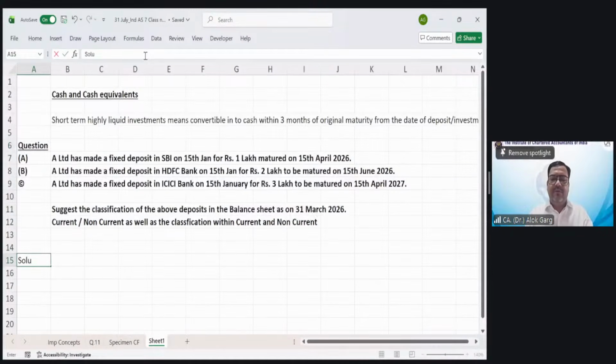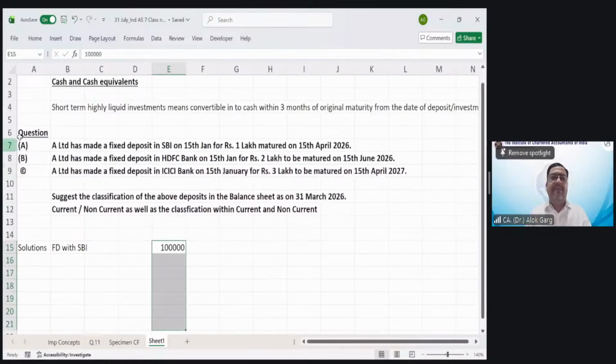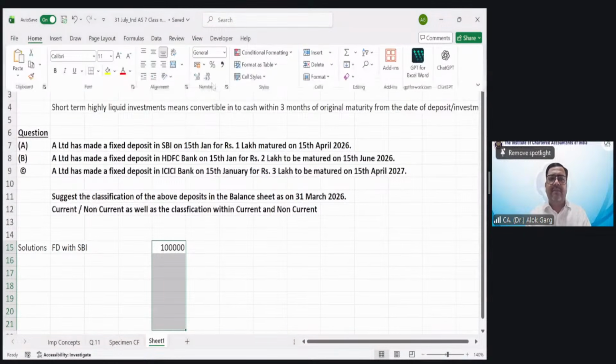Solution: A, B, C. Number A, FD with State Bank of India, 1 lakh rupee. What is the classification of this FD, my dear friends?